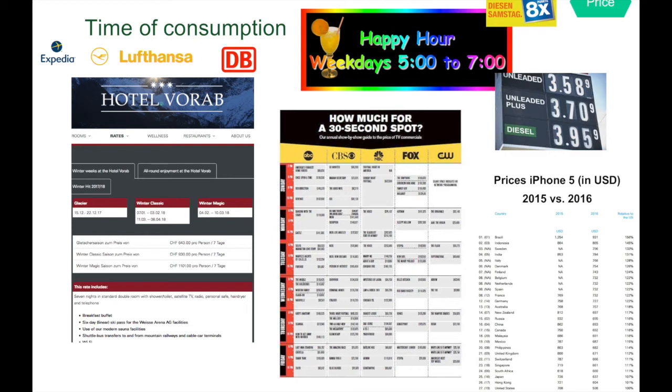Again, the fuel is similar to the hotel, and the prices for the iPhone are obviously related to different factors like technology cycles. It's less predictable how much the prices go down, as it maybe also depends on the competition when Samsung is bringing out something new, maybe also on the margins of the suppliers.